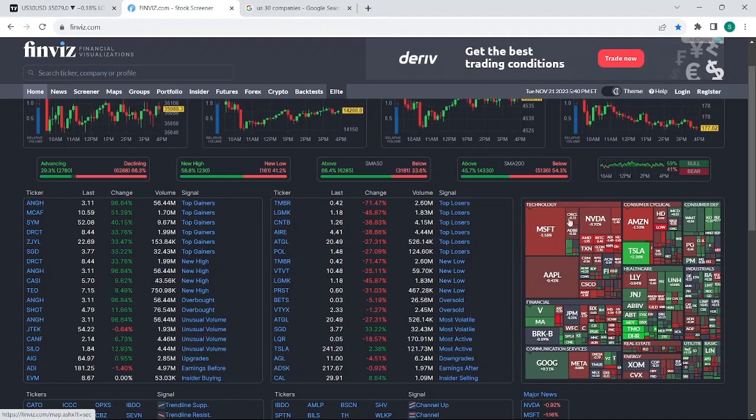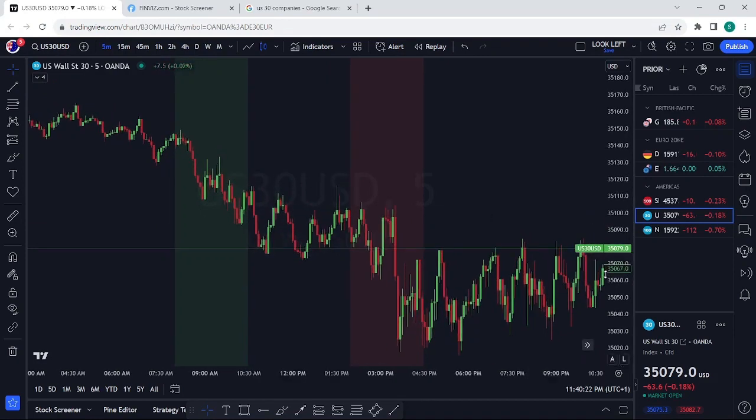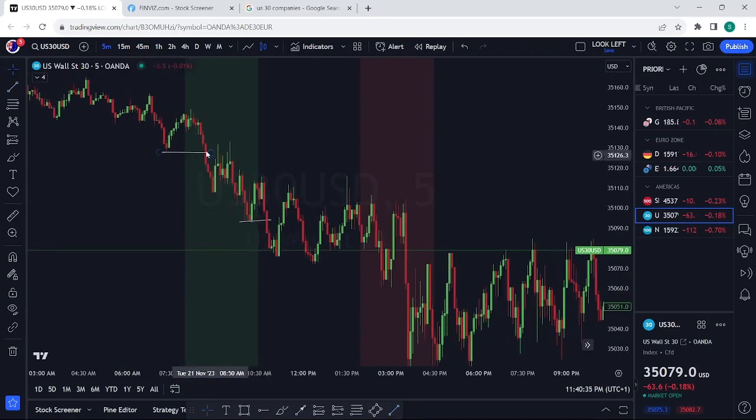So let's say the market, I'm just seeing red here. If I go to my SPX, if I go to my US30, I will be looking for sells. I will be looking for break of structure to the downside, so that I could find selling setups.